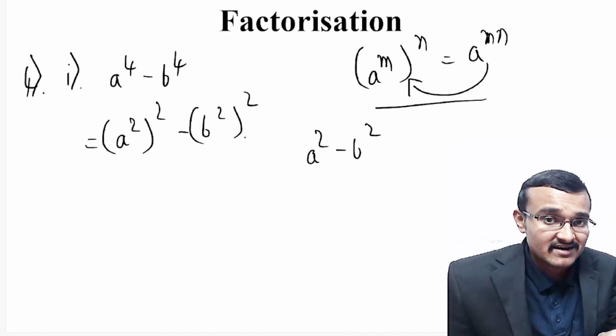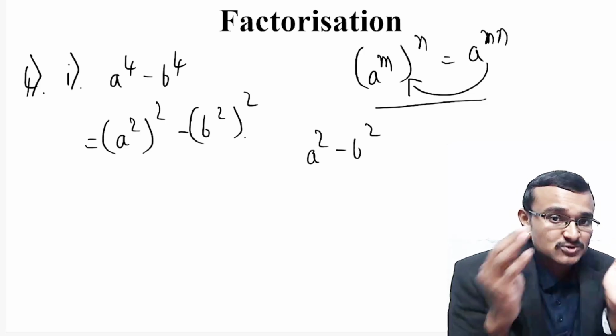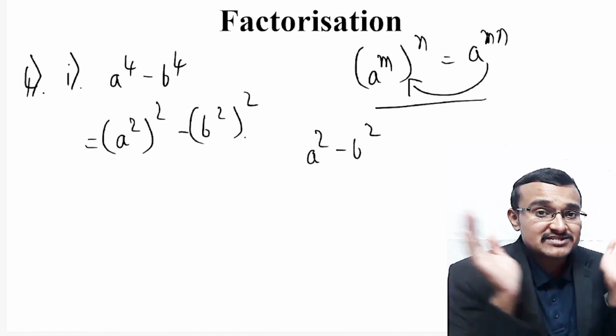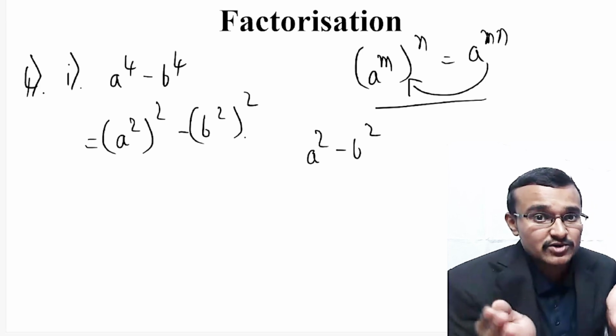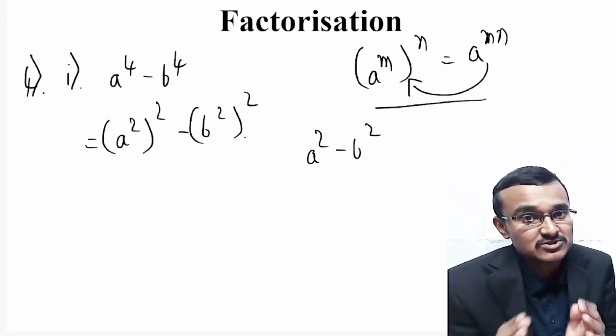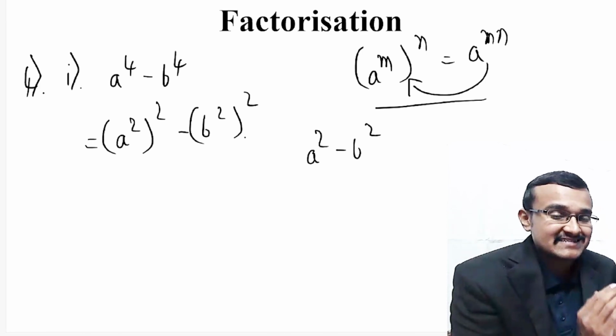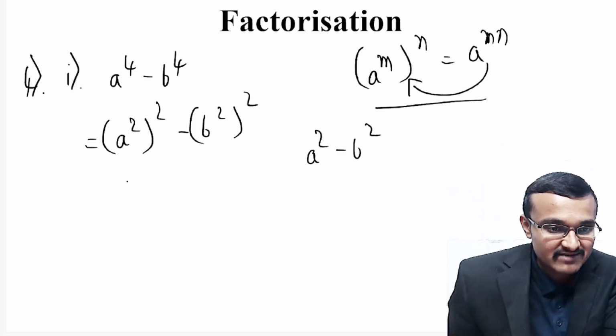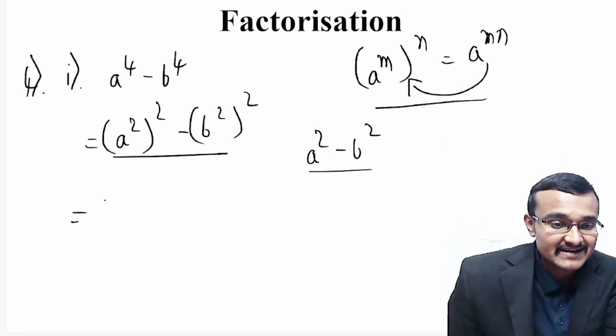That means here a square minus b square is one particular identity which I have discussed. In the place of a square minus b square, you have a square whole square minus b square whole square. So a acts as a square, b acts as b square. So here you can write this in the form of the a square minus b square identity.